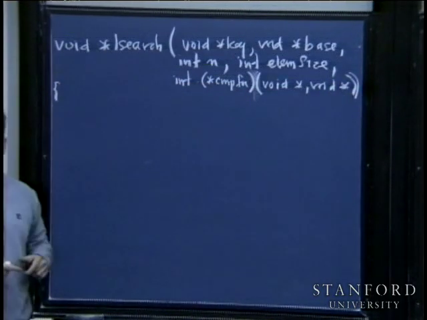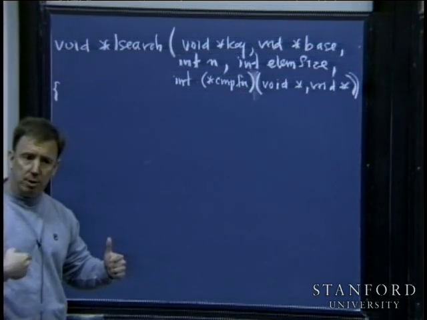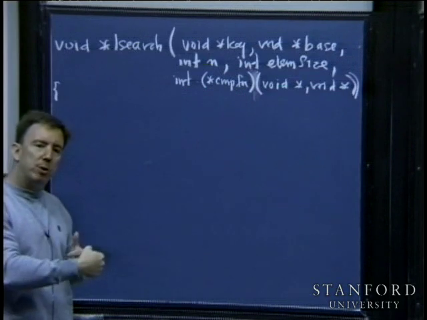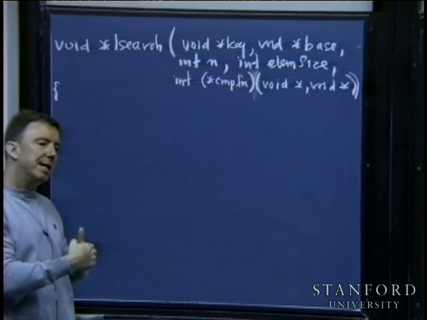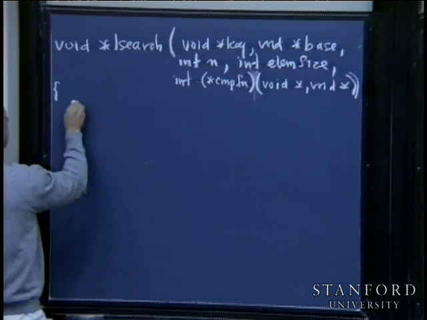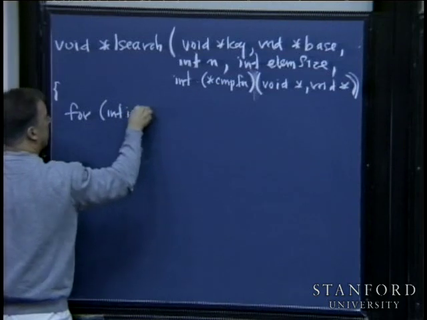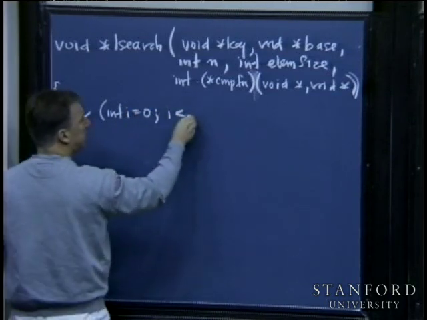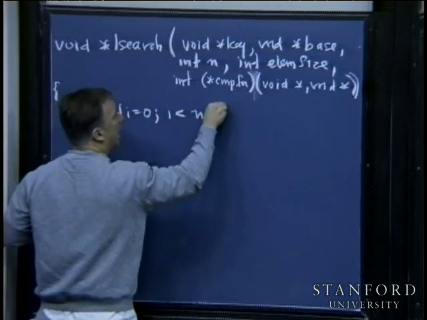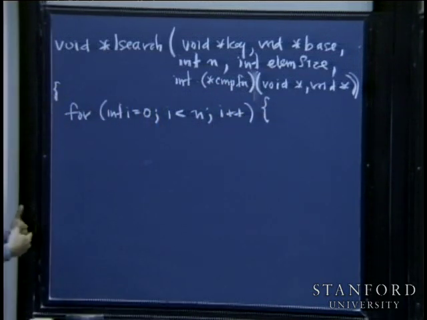The basic algorithm for a linear search from front to back, that doesn't change. It's just the fact that we're trying to present an implementation that doesn't care about any one specific data type. So I want to do this: for int i = 0; i < n; i++. With each iteration, I want to manually compute the address of the ith element.